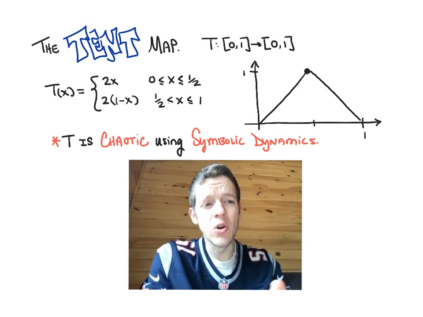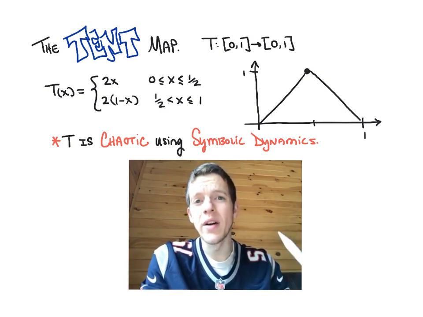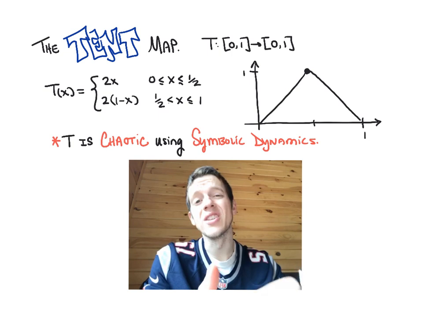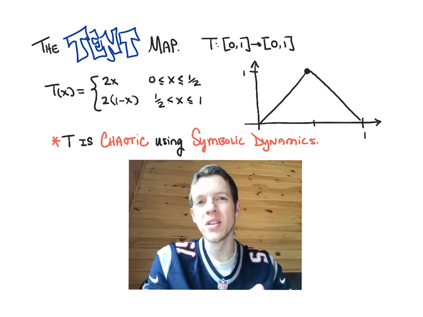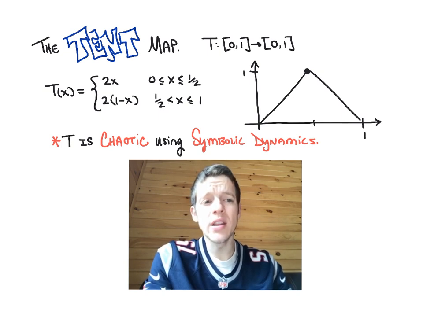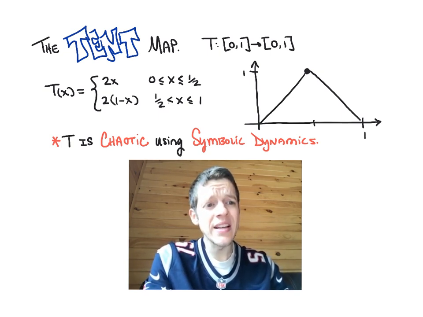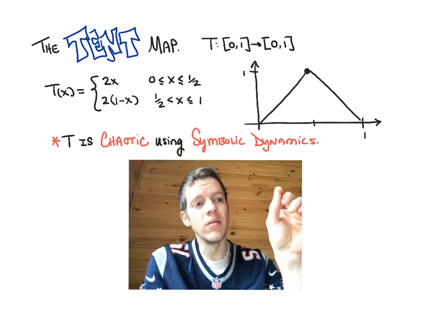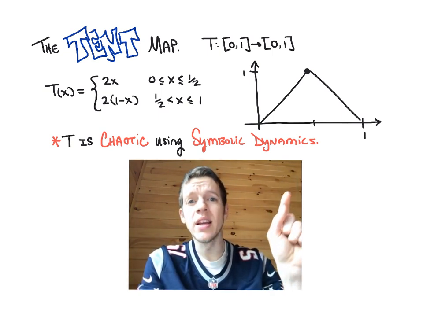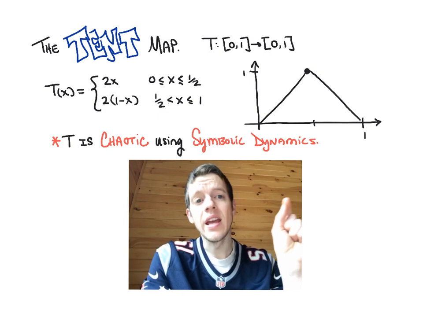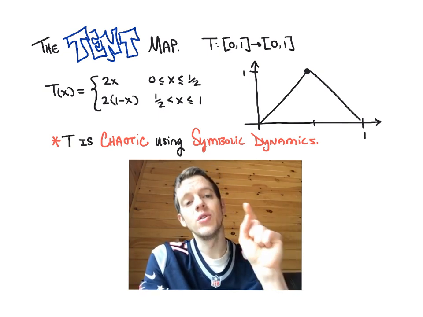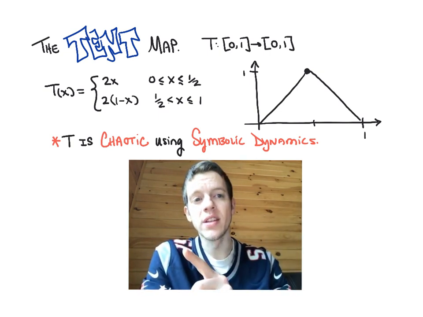The PDF goes through and verifies all three properties, whereas transitivity is the only one that's necessary. The approach is more complicated, but nonetheless, that same method of going to sequence space and using the shift map can be applied to the tent map to show that it is chaotic.